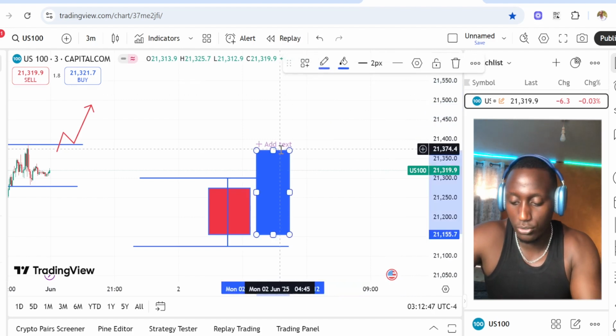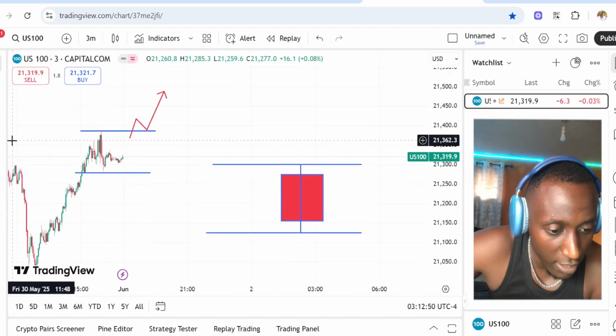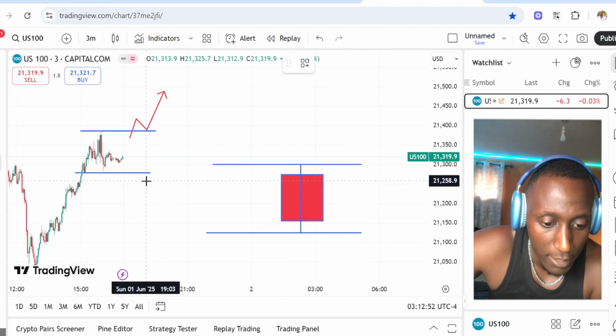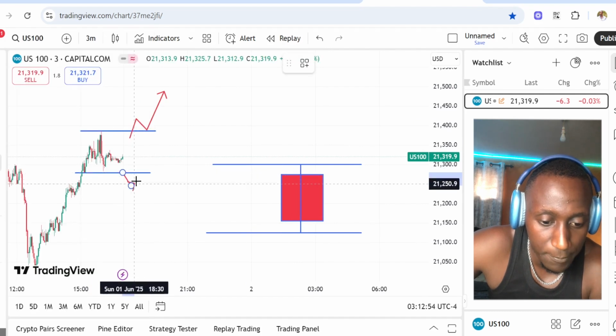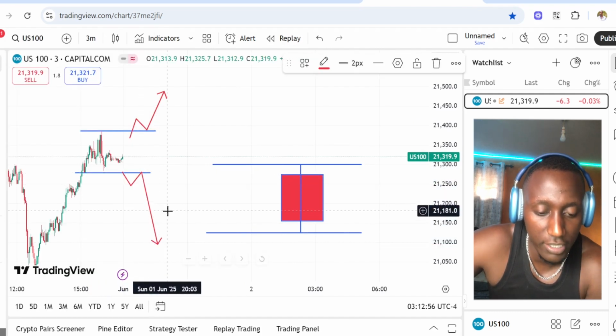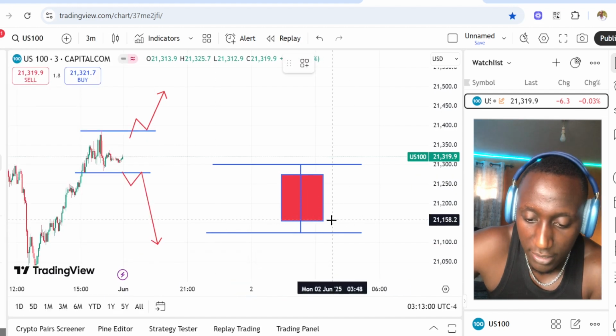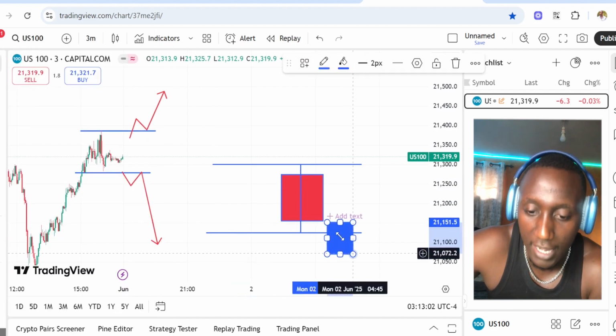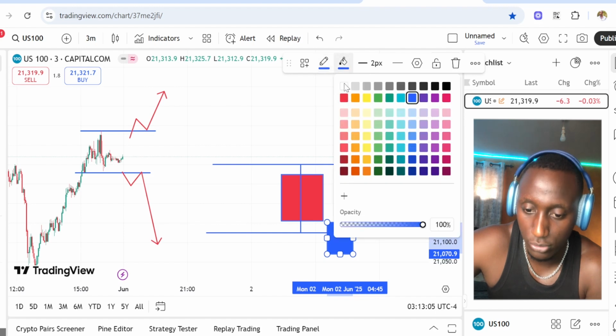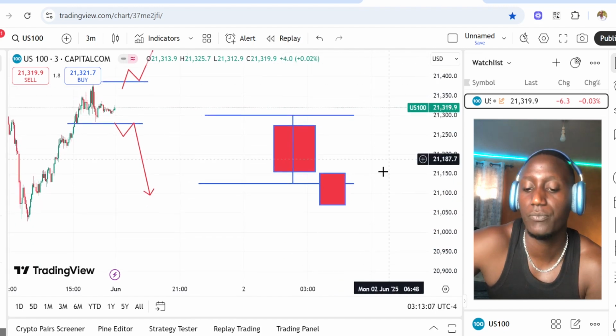Scenario number two is, if you look at our options here, we break to the downside and continue with the trend to the downside, which can also be represented by a red candle going down like that.